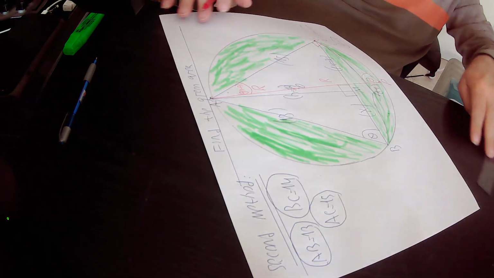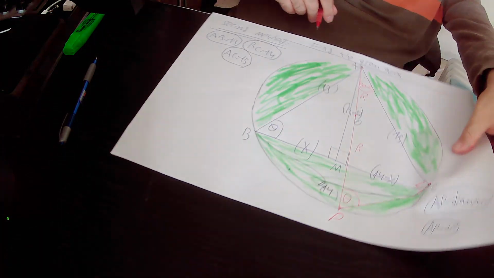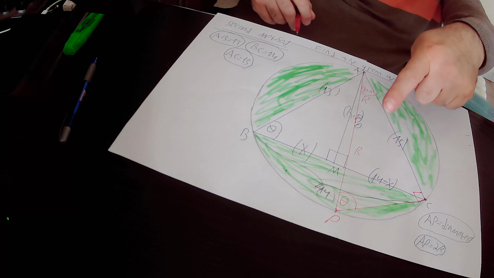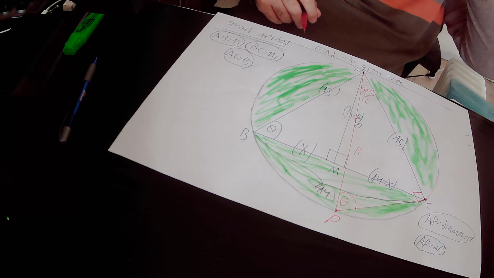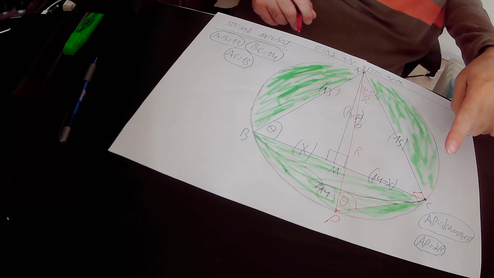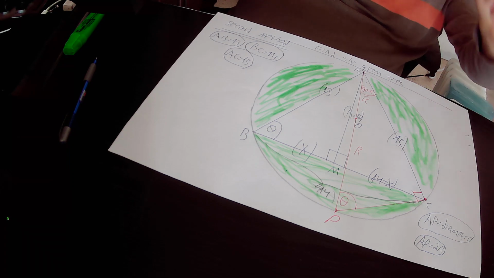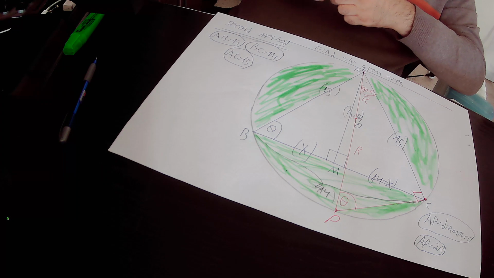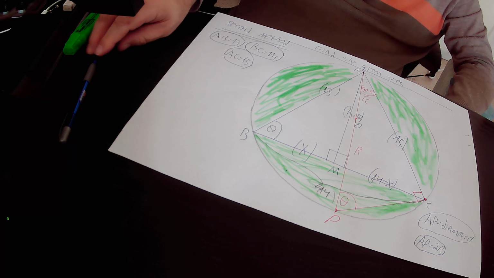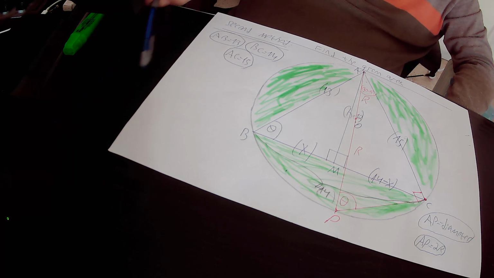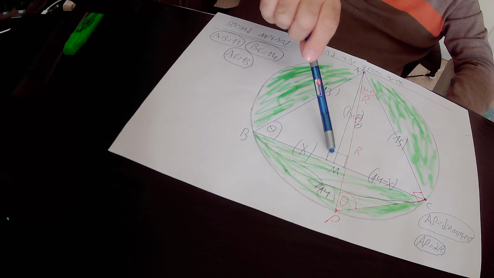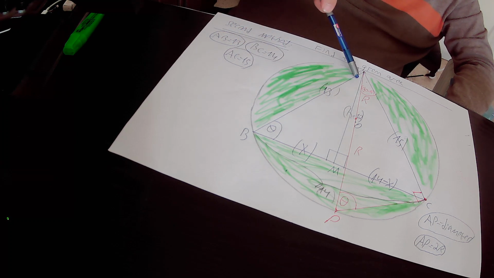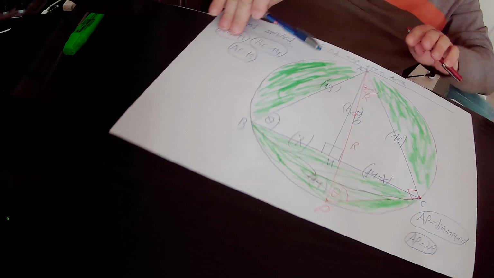Because 90 degrees minus theta plus theta is 90 degrees, and 90 degrees plus 90 degrees equals 180 degrees. That is the sum of the angles in any triangle. Likewise, in the right triangle ABM, this angle equals theta, this angle equals 90 degrees. Therefore, the missing angle here must be equal to 90 degrees minus theta.